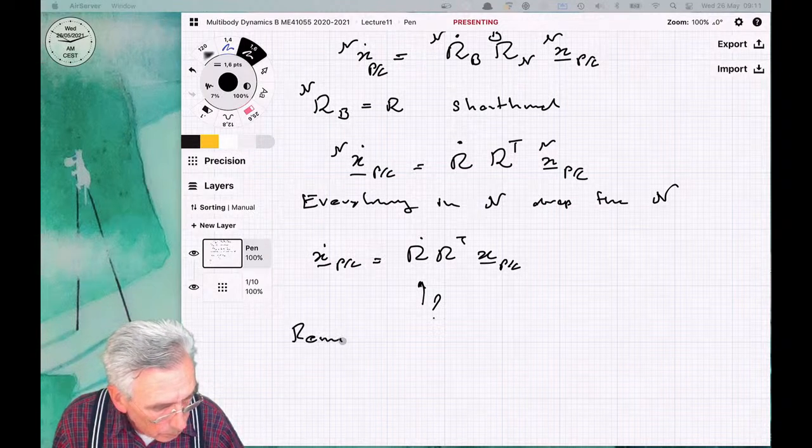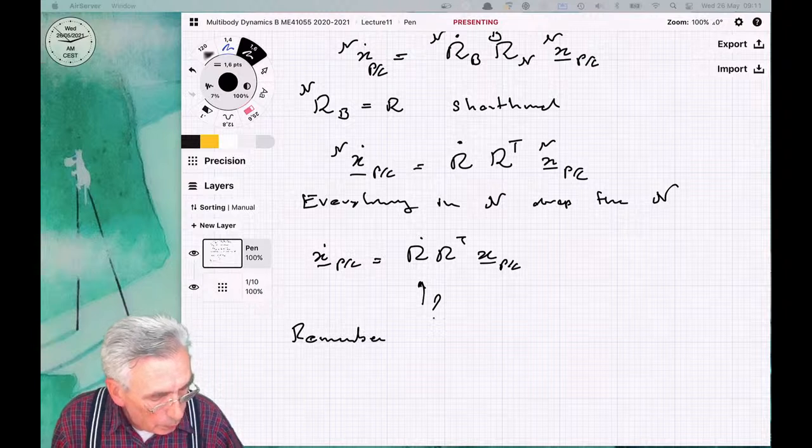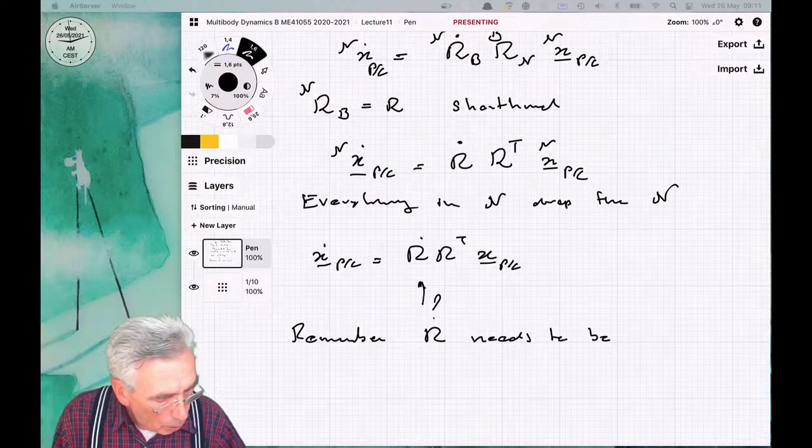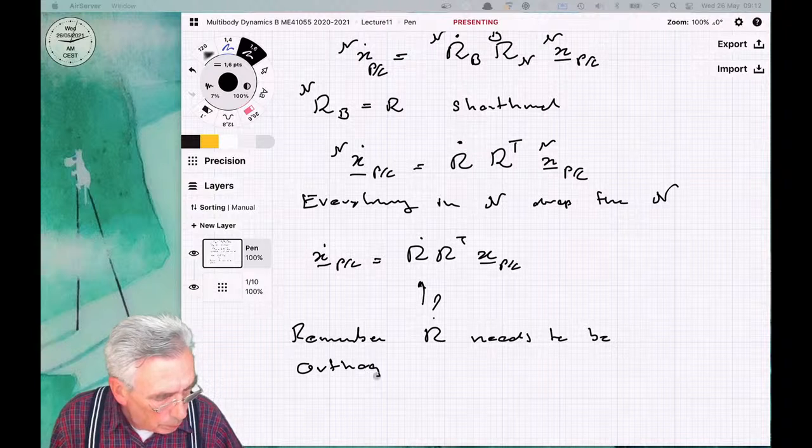remember, we had all these, that R needs to be, what does it need to be? Orthogonal.